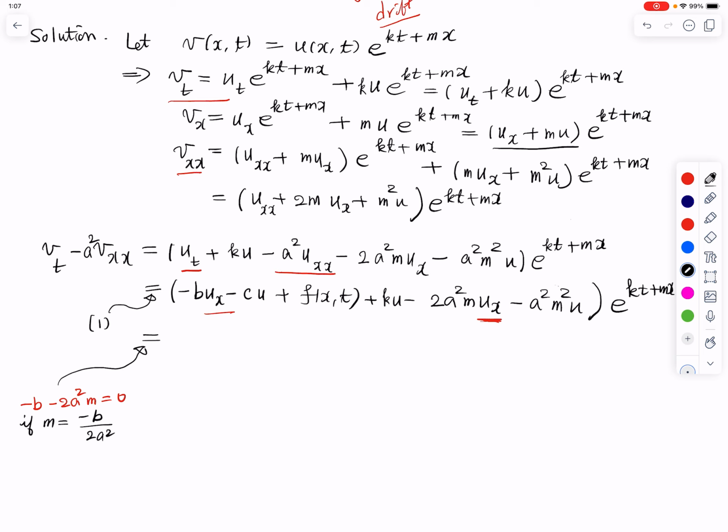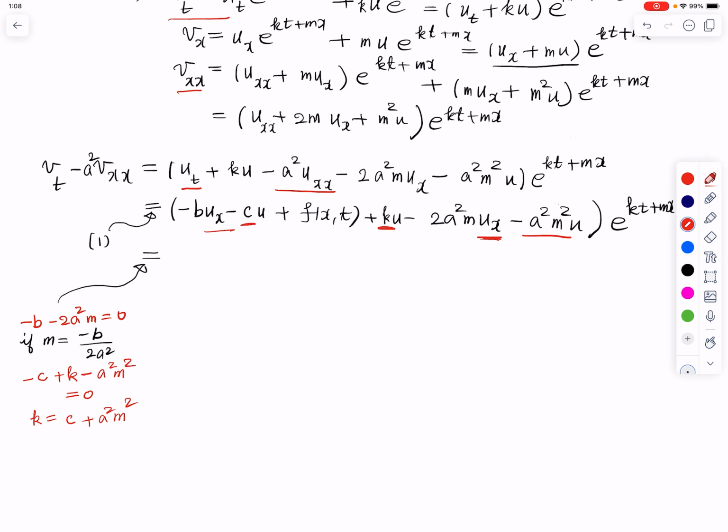And also in the remaining term I have the cu and ku terms; I want this one to be 0: minus c plus k minus a square m square. So I want this one to be 0. So m is taken. Then I take k equals c plus a square m square.